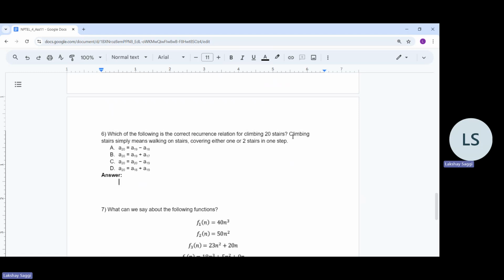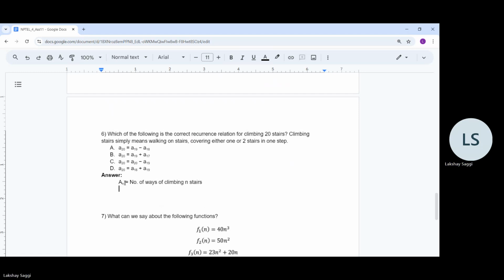We have to climb n stairs and we can only climb one or two stairs in one step. Here, A_n denotes the number of ways of climbing n stairs.